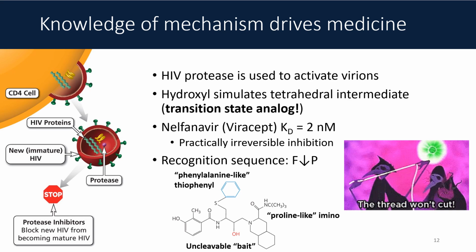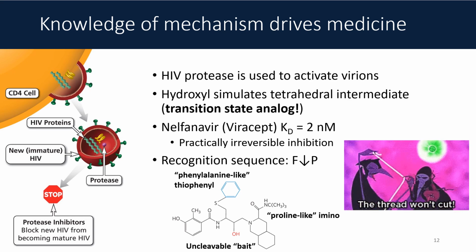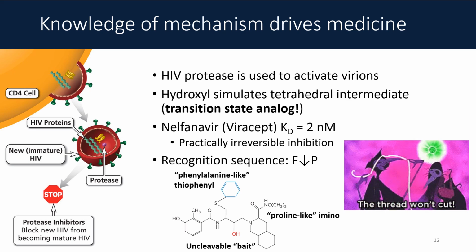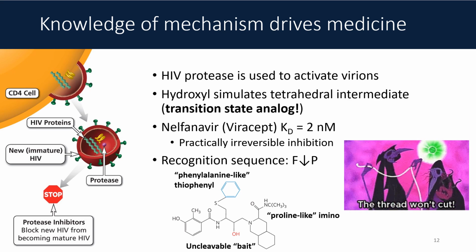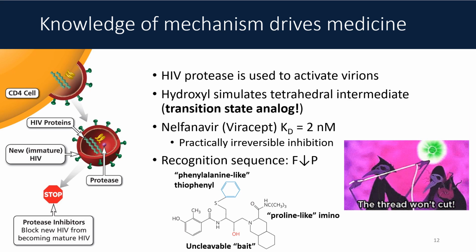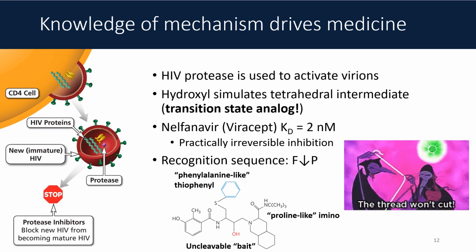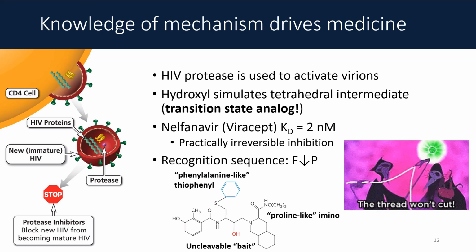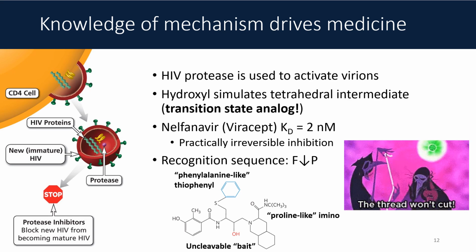Some students might think that we only teach you the serine protease mechanism to torture you, and that's only partially true. In reality, there are medical applications of this knowledge, such as the discovery of HIV treatments. I'm going to give you a little crash course on virology.